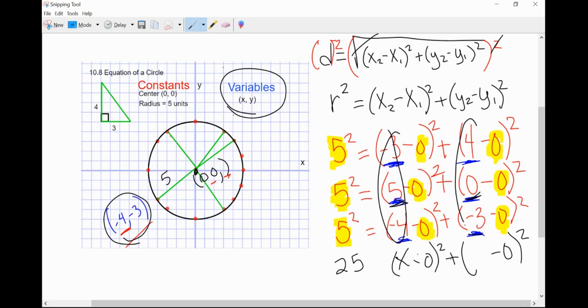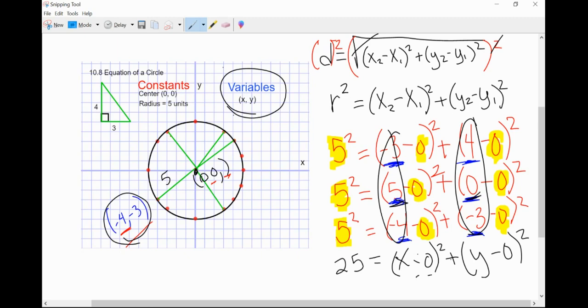And instead of all of these numbers that are going to change, we put y, because those numbers are changing, and therefore that's where the variables come in. So the equation of this circle is 25 equals x minus 0 squared plus y minus 0 squared.